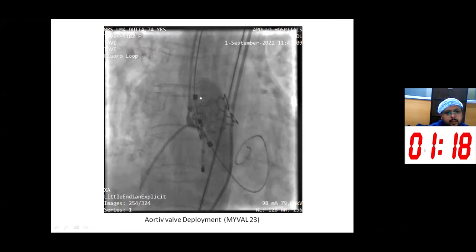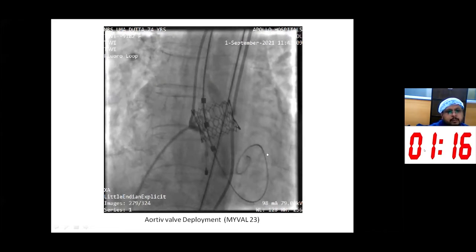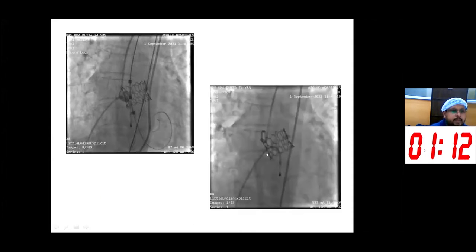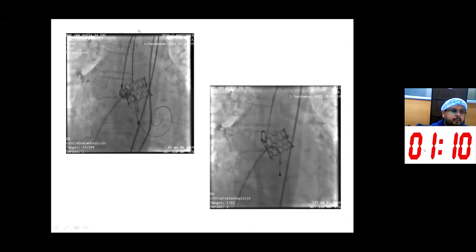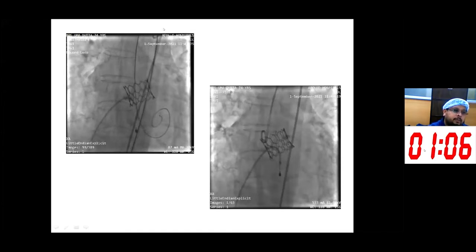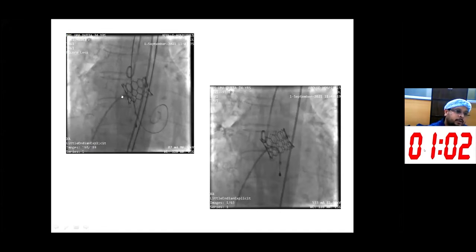So we did the dilatation, and after that, immediately we have to pull out the balloon. Otherwise, it may get stuck. Also we have to pull out the pigtail catheter which was in the non-coronary sinus.